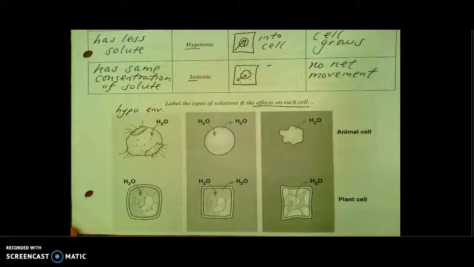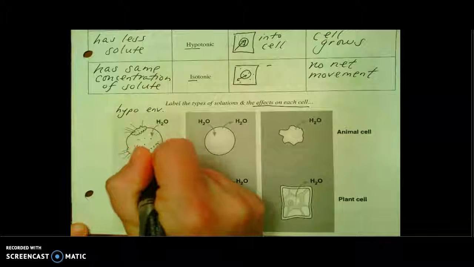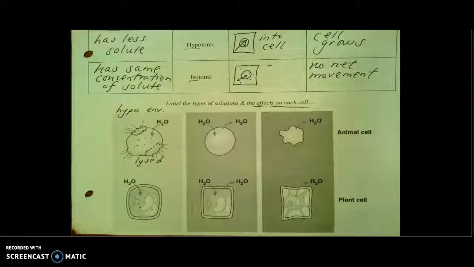And depending on the type of cell, we can call the effect two different things. In an animal cell, if water keeps rushing in, the animal cell could actually burst. However, in a plant cell, the cell wall prevents bursting, and we say that those plant cells are turgid.